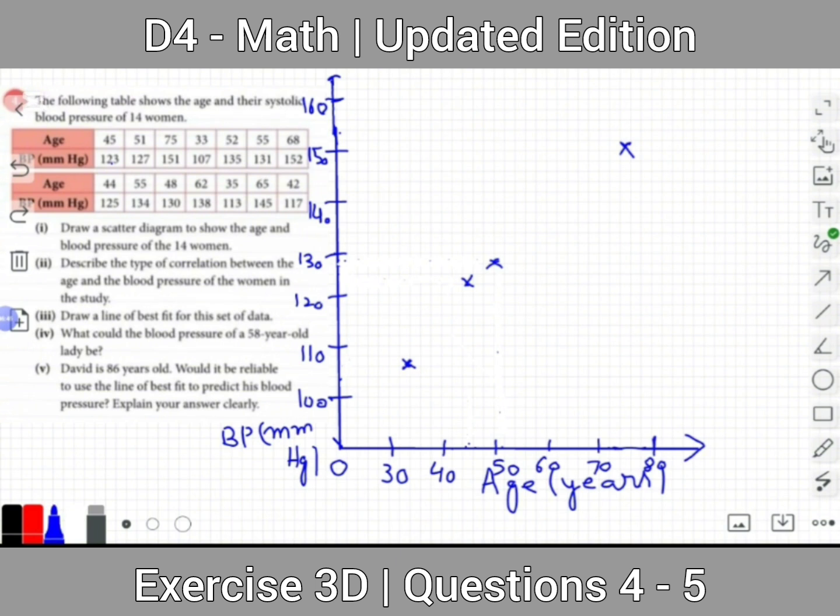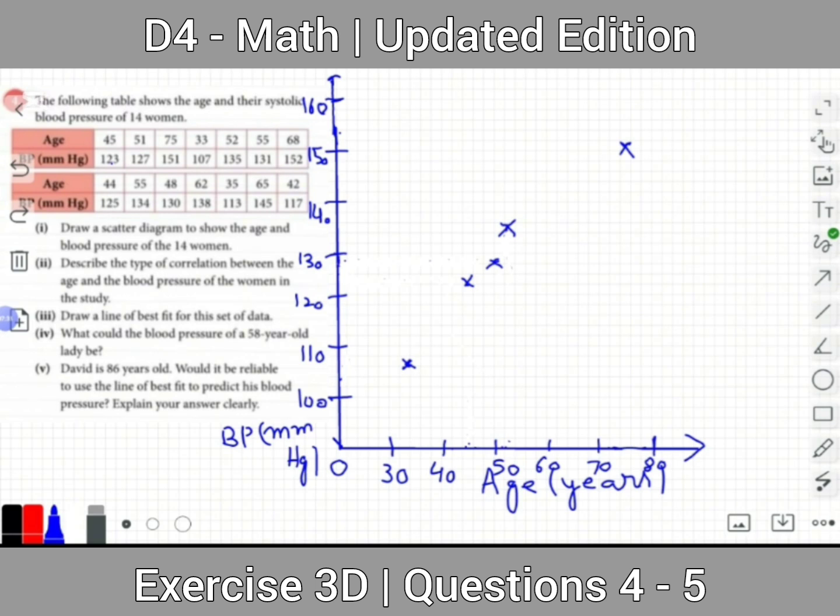Now for the ordered pair 52 and 135, here we have 52 here. Here 132, 134, and here we have 135.